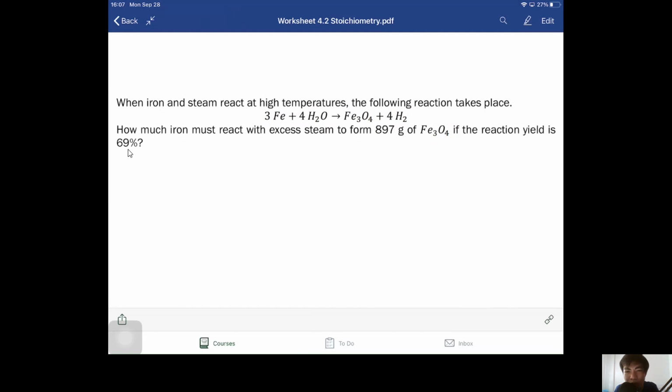Then you find out how much iron is left. So it's a reverse process. I will give you time to think about this problem. Again, this is a trick question.